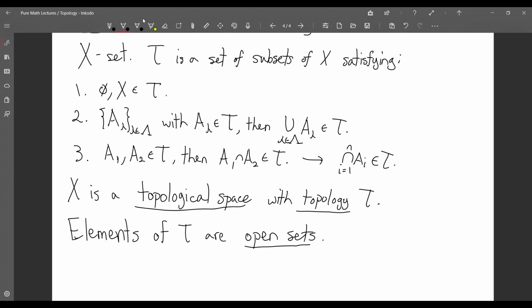And this is strictly just definition. That's what we call open sets.